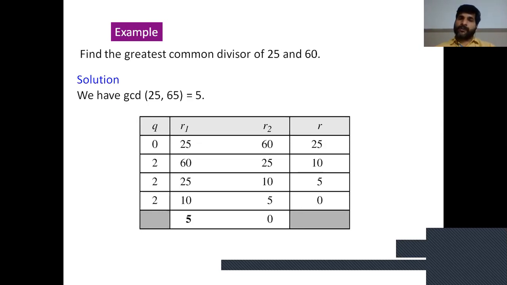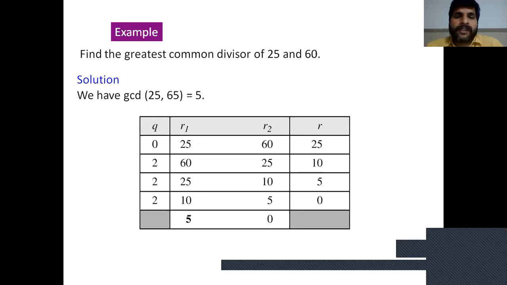Q stores the quotient value, R1 stores 25, and R2 stores the value of 60. 25 divided by 60, the remainder is 25. Now 60 is stored in the R1 place, and R is stored in the R2 place.